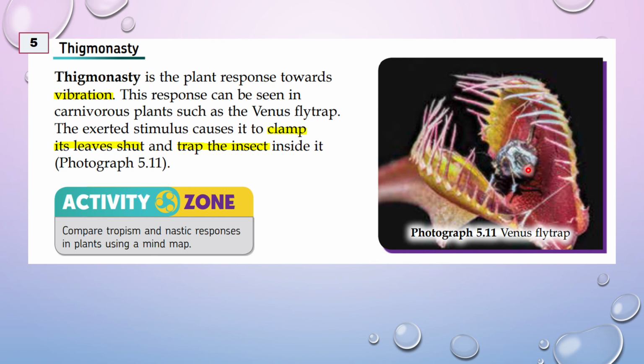The insect will die inside, and then it serves as a nitrogen supply for these carnivorous plants, because they usually thrive in soil which lacks nutrients or nitrogen supply.